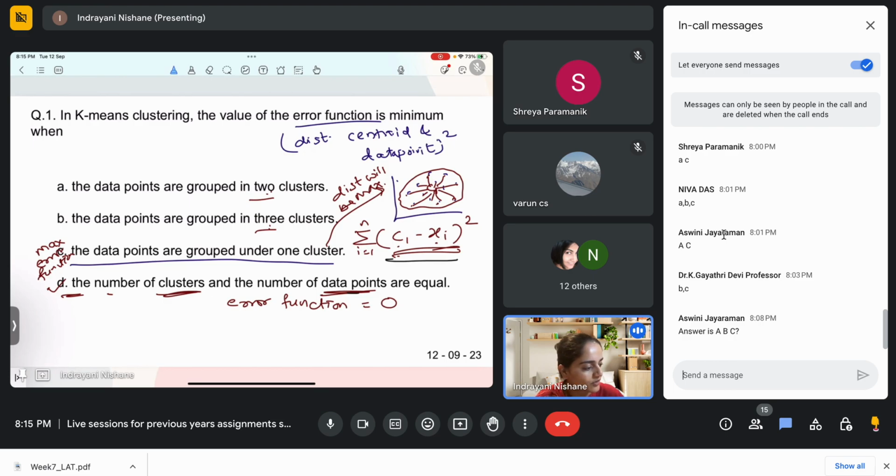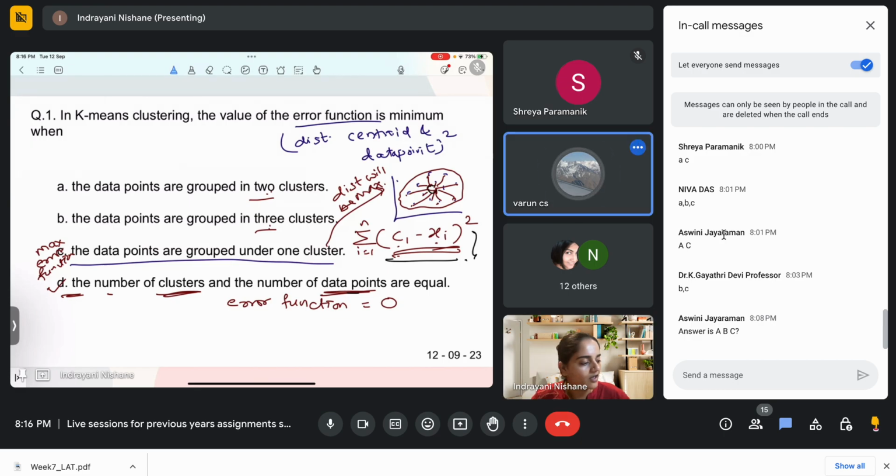Because this is the formula for the error function, no? That's what we have: the difference between centroid and the data points. So if all the data points are part of only one cluster, then that distance may go to the maximum attainable value, because the centroid ideally would be somewhere in between these data points, no?